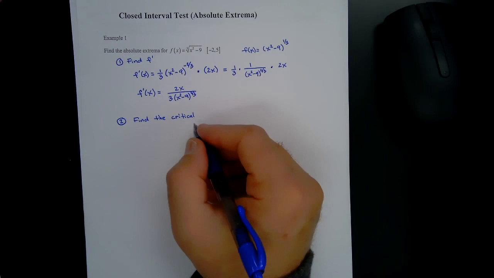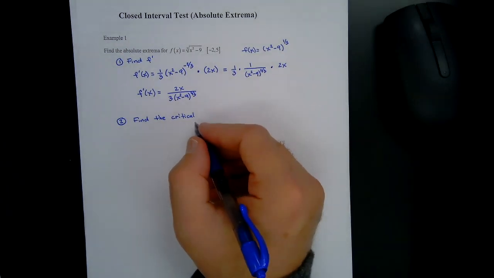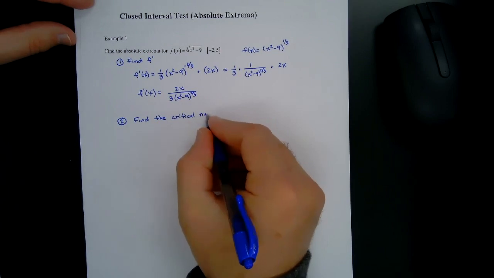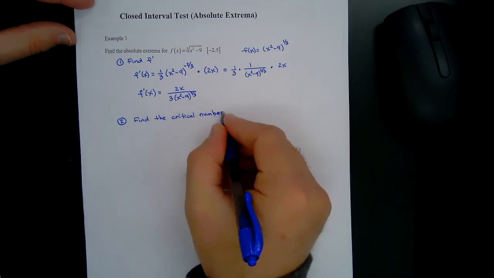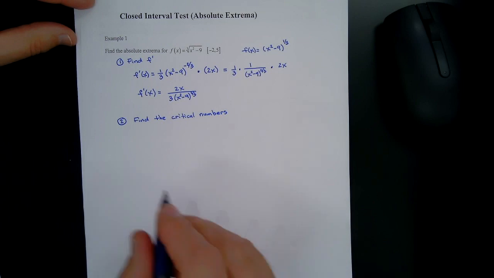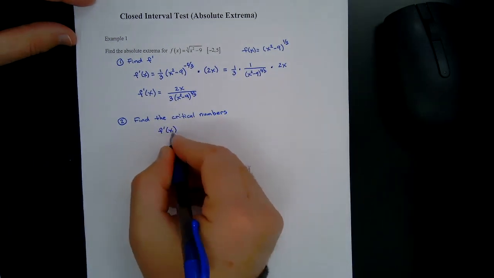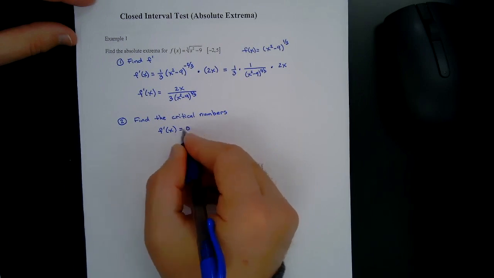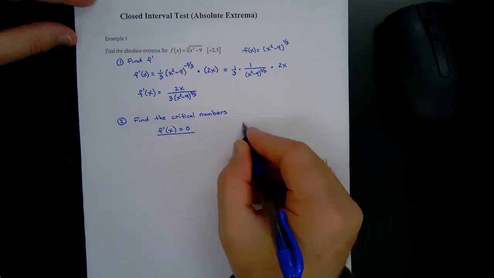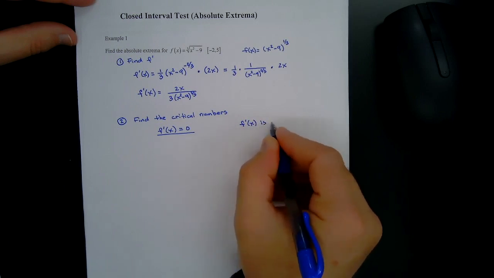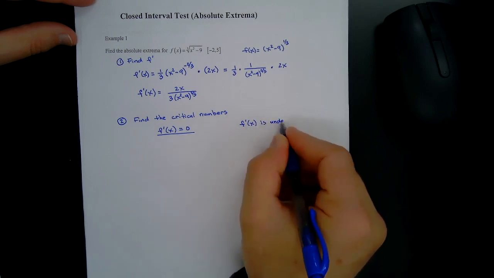They're also called critical values and also called critical points. All three are synonyms. They all mean the same thing, okay? So that means we have to find, okay, so what is it? When is f prime of x equal to 0? Okay, so we got to figure that one out. And we also have to figure out where f prime of x is undefined.